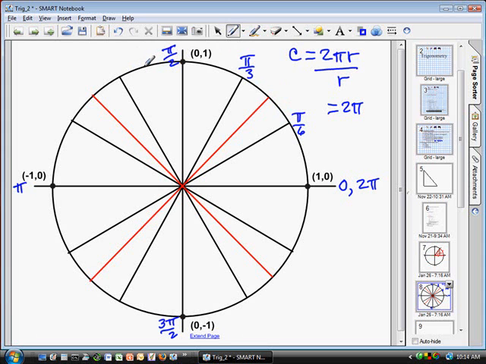Actually, I just thought of another thing we might do. I'm going to throw in a few more angles here. I just thought of another thing I could do to make this a little easier on you. Let me grab my protractor again if I can find it.